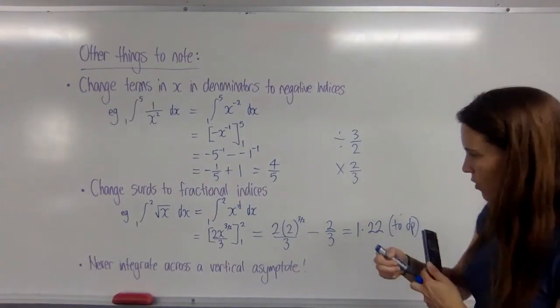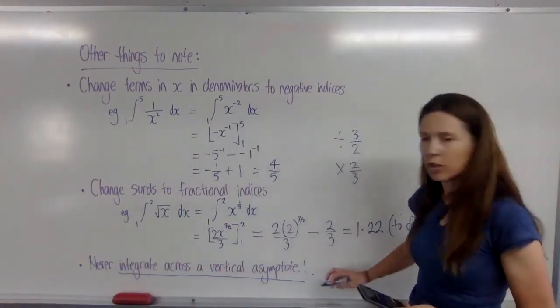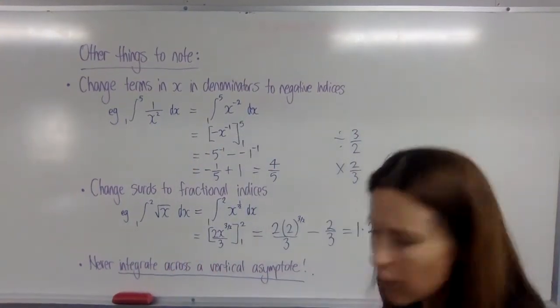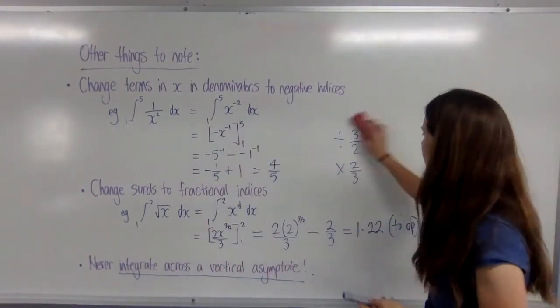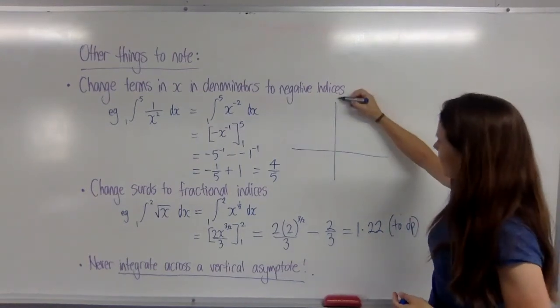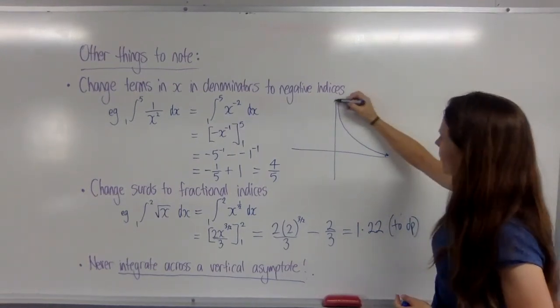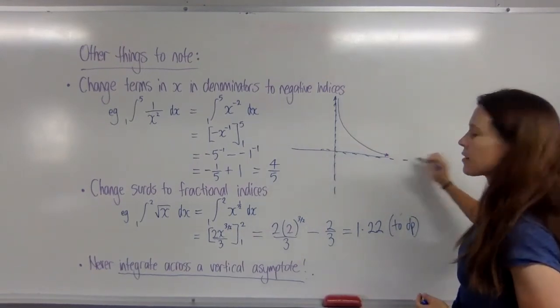Now the other thing that we need to remember is that we can't ever integrate across a vertical asymptote. Why not? Well, we've looked at the fact that when we're integrating, we're finding a sum of values. So let's have a look at a function like this. We've got a hyperbola where we've got an asymptote here along the x and the y axis.